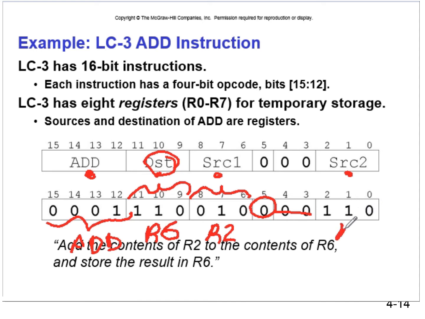That's R6. So we're going to add the contents of R2 to the contents of R6 and store the result back in R6, thus overwriting what was in R6 previously. That's the dissection of an add command.